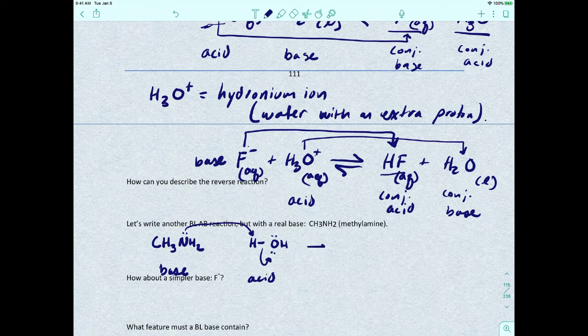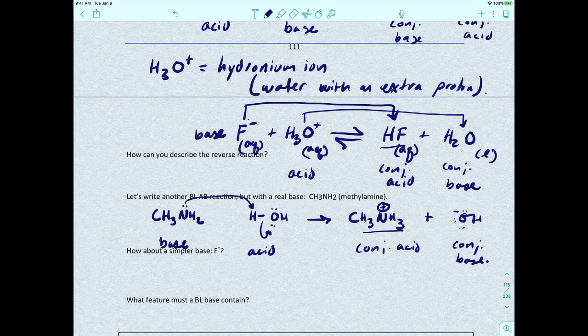And so we form CH3NH3 plus and OH minus. So if methylamine is your base, then methylammonium ion is going to be your conjugate acid. And if water is your acid, that means hydroxide ion is going to be your conjugate base.